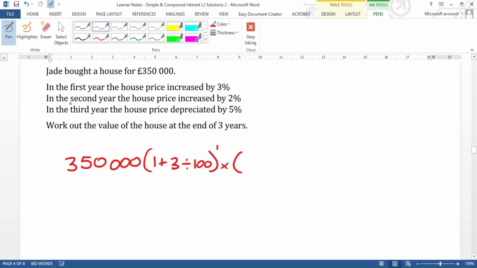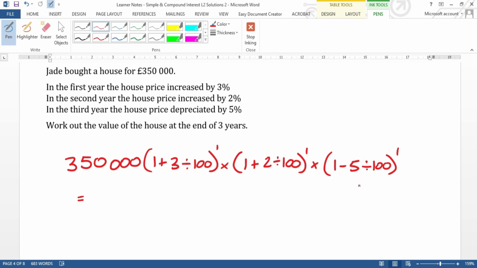And then for the next brackets, you do the second year, which was another increase, so that's 1 plus 2%, and again that's for another year. And then for the third brackets, that one is depreciate, so that's a 1 minus 5%, and again that's just for 1 year. You could do these separately if you want to. That's the long way again. So I'm going to do it the really quick way.